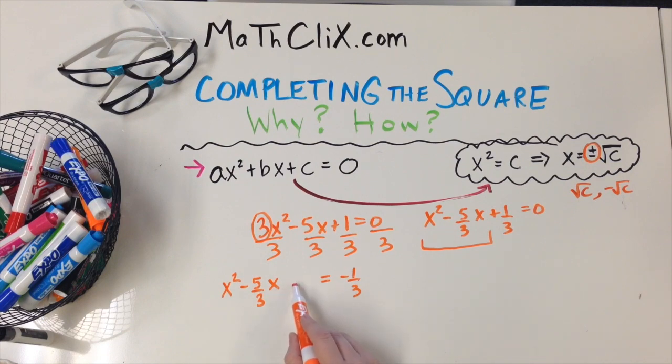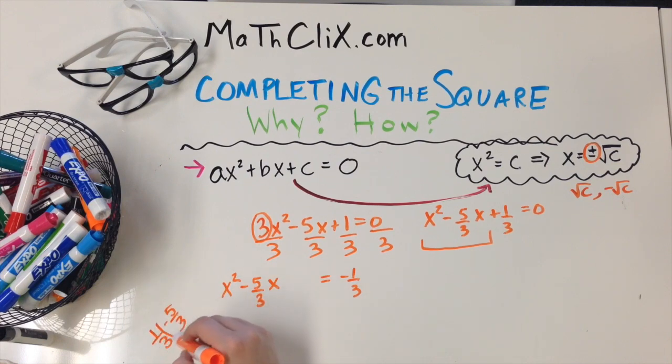Now what number are you going to add in there? You're going to add half of -5/3 all squared. So what is 1/2 of -5/3? Well, that's just going to be -5/6.